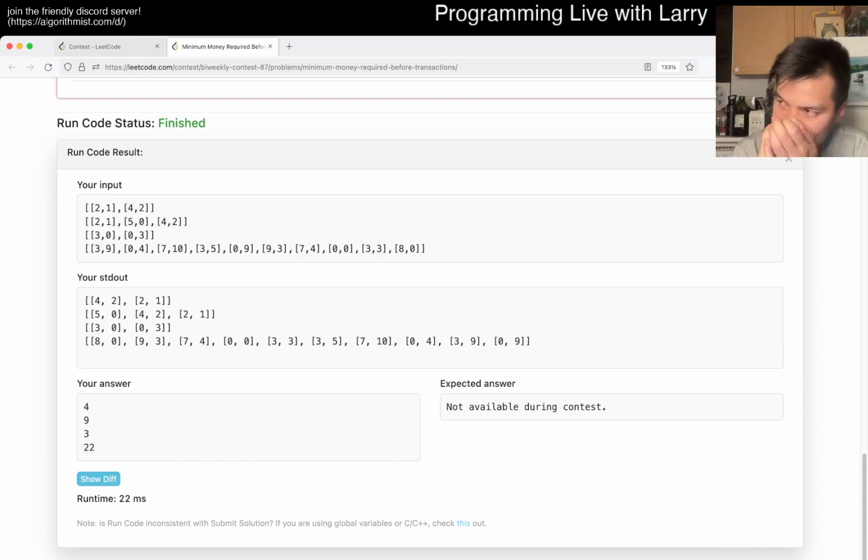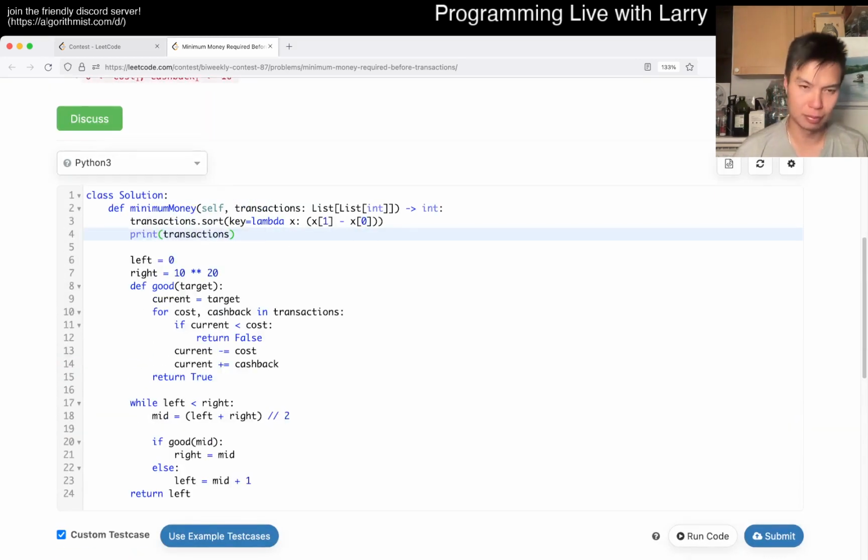Is there some exchange principle? What is the exchange principle for this one? I forgot how to write it too. It's like, now sort by comparison. I forget how to write it in Python.